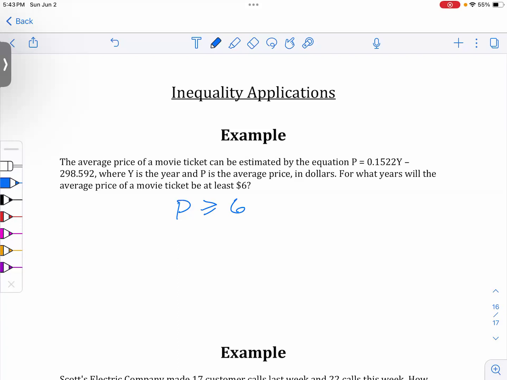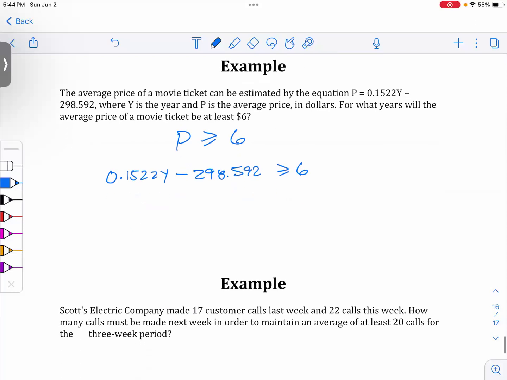That is how that is read. Then I can put the equation in there for the price: 0.522y minus 298.592 greater than or equal to 6. And now I have an equation that corresponds year to the $6 price.